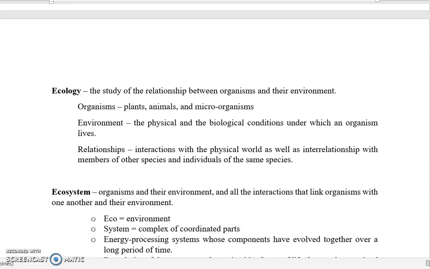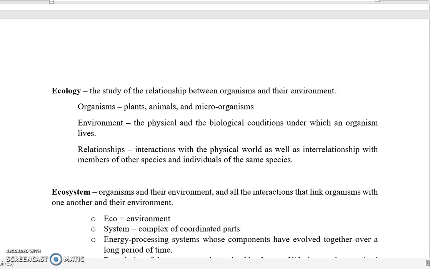So when we study ecology, those are the three keywords that we need to understand: organisms, environment, and relationship. Always put in mind that when we study ecology, we are dealing with how the organisms and the environment are related, have their relationships.